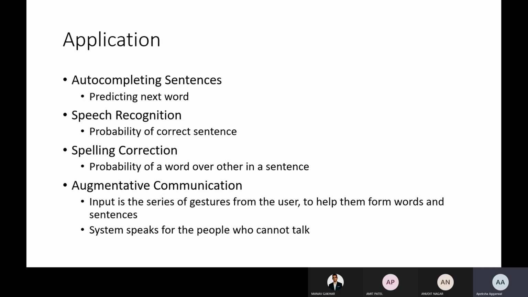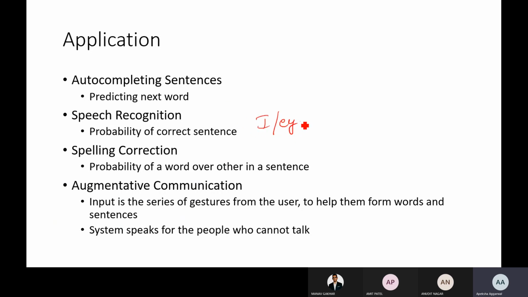And if I say "his eye is of black color", I'm not talking about me, I'm talking about that body part. So this is speech recognition: what is the probability of occurrence of that word, either "I" or "eye"?